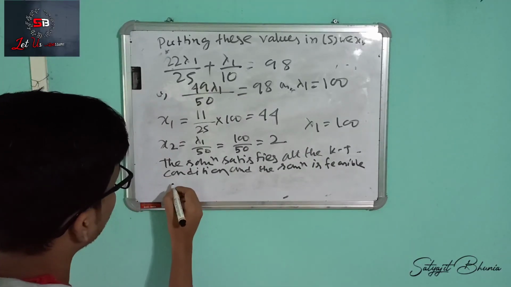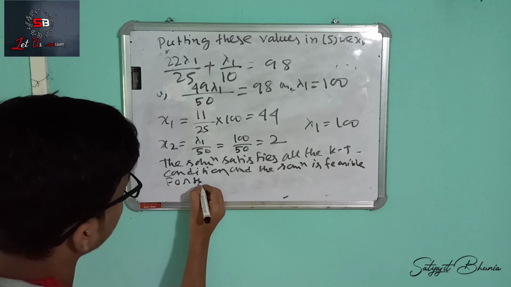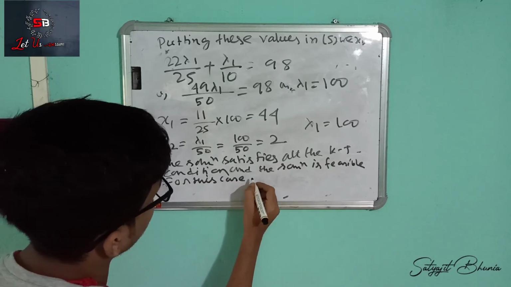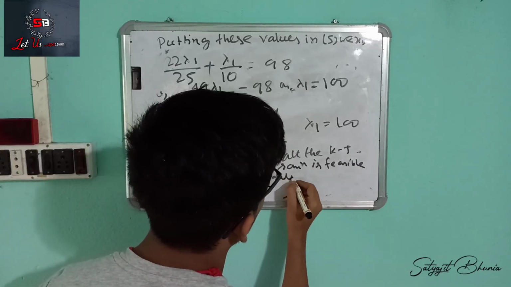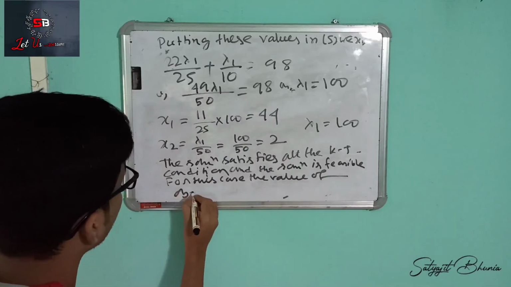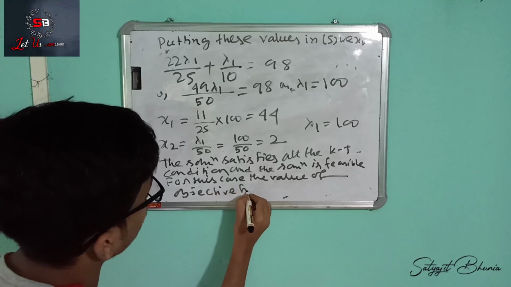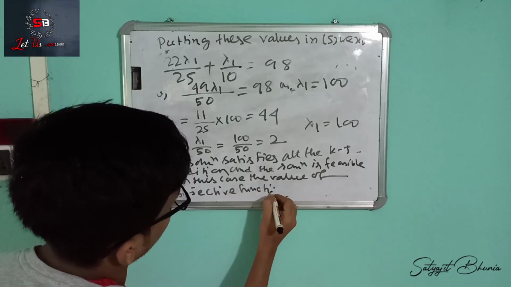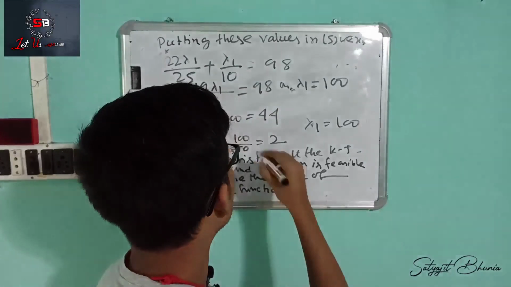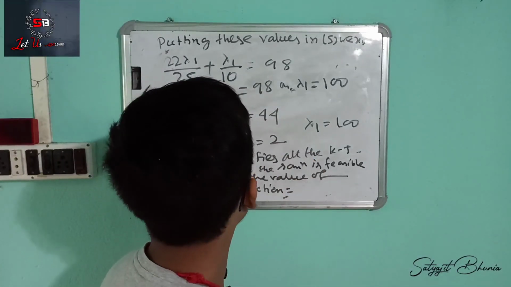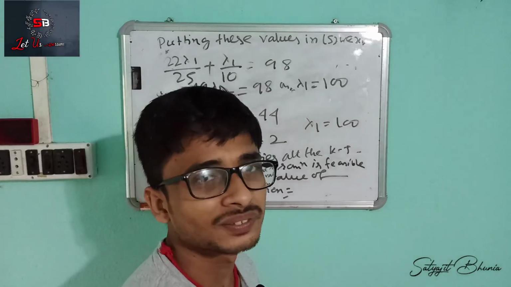And for this case, the value of the objective function we can easily calculate by putting the values x1 is equal to 44 and x2 is equal to 2 in the objective function.